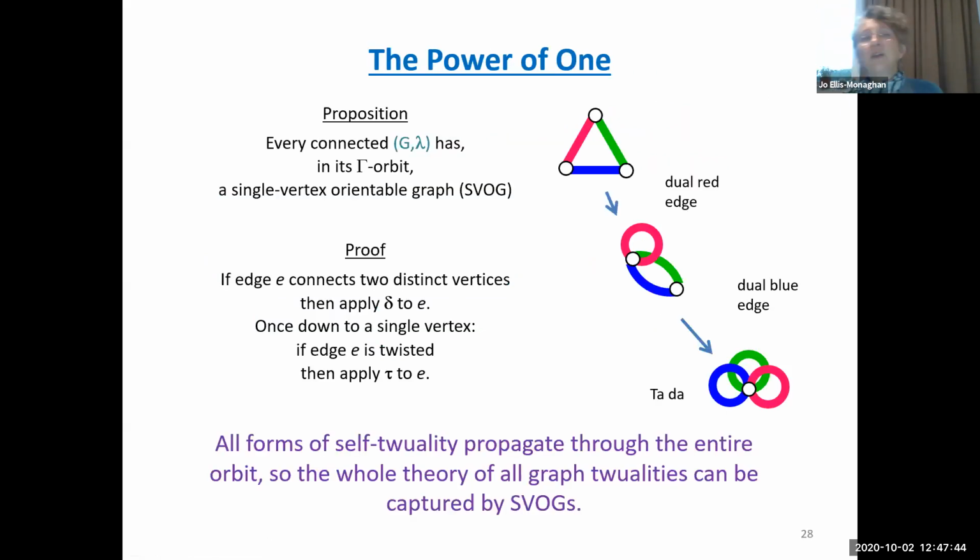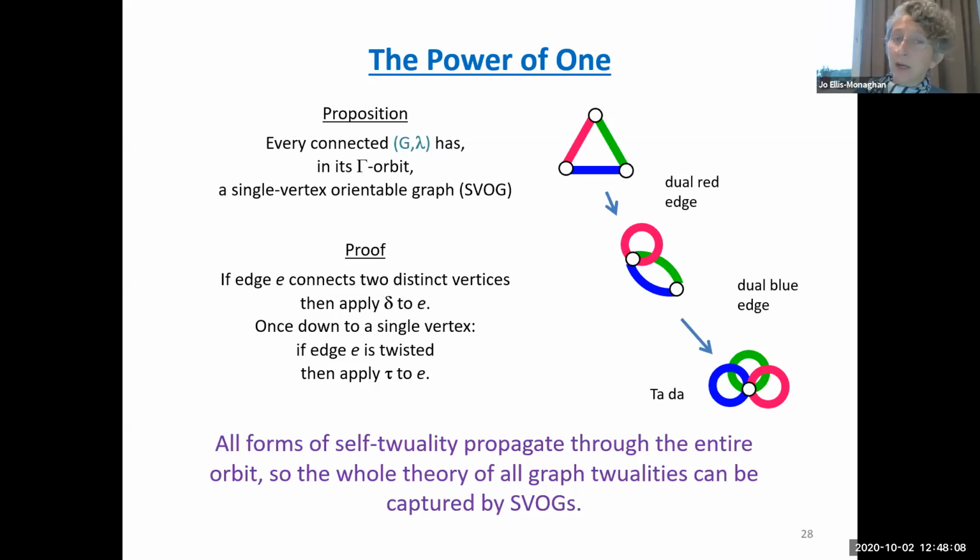And convenient turns out to be as simple as graphs with just one vertex. So the entire theory of graph duality of any kind can be captured by one vertex graphs.